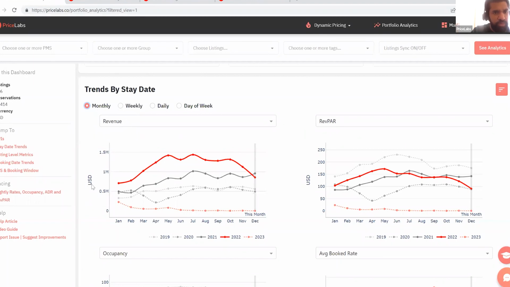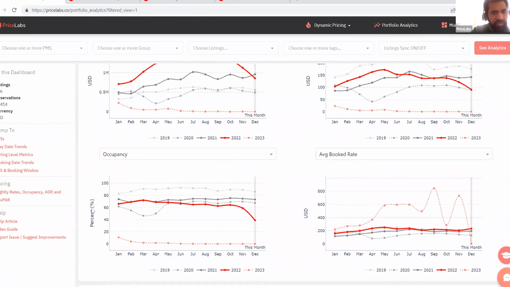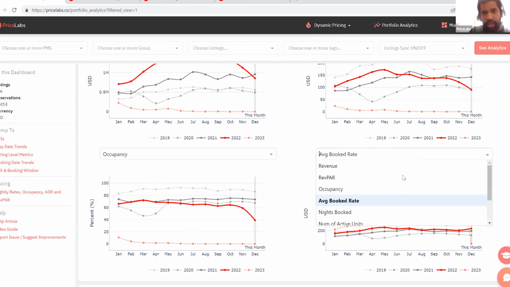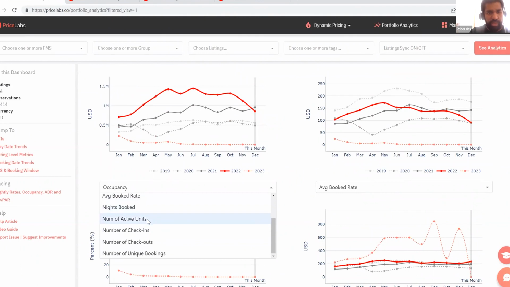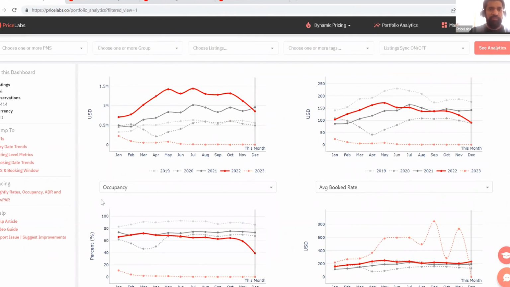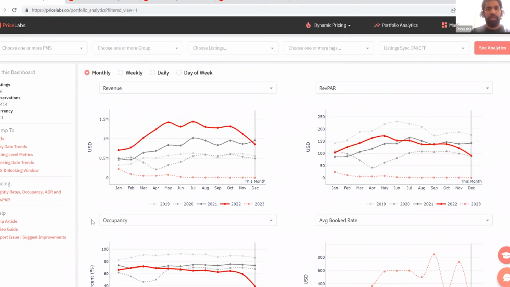So for example, revenue, you'll see USD, occupancy, you'll see percentage, average booked rate, you'll see USD again. And you can click into any of these and change your view. We have revenue, RevPAR, occupancy, average book rate, and a few other data that you can look at. Again, in the interest of time, I'm not detailing out every single thing, going more use case by use case.